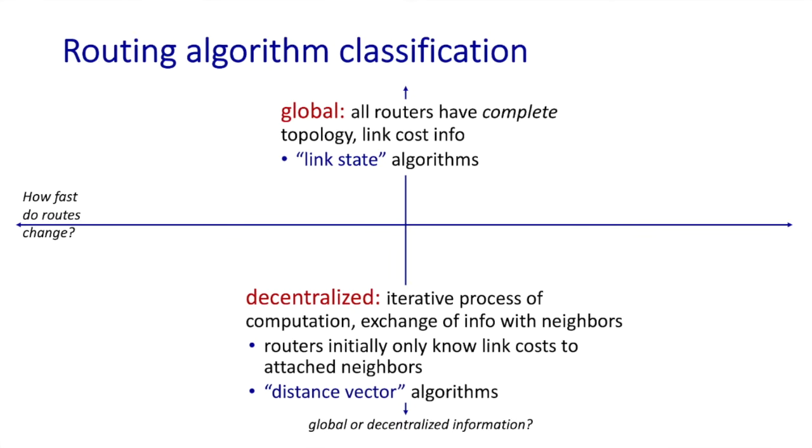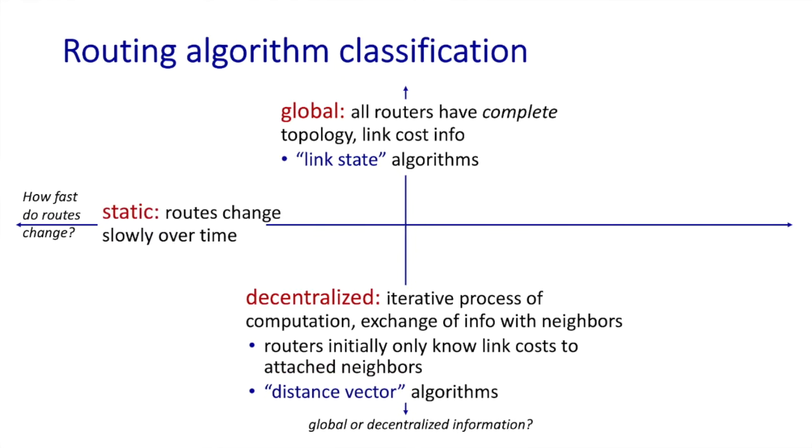Instead, each router begins with the knowledge of the costs of its own directly attached links, so just its local neighborhood, and then through an iterative process of calculation and exchange of information with its immediately neighboring nodes, a node iteratively calculates the least cost path to a set of destinations. The Bellman-Ford algorithm we'll study is an example of a distributed algorithm, also known as a distance vector algorithm, since it iteratively computes a vector of currently known least costs to all network nodes.